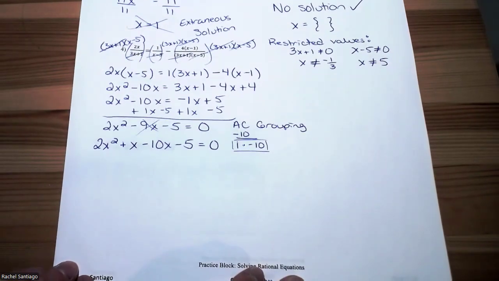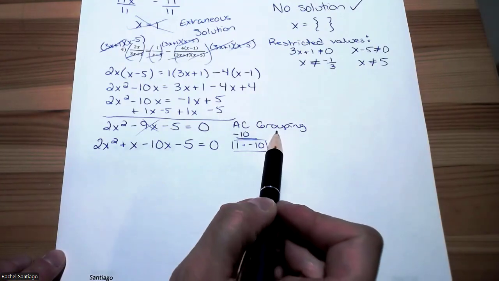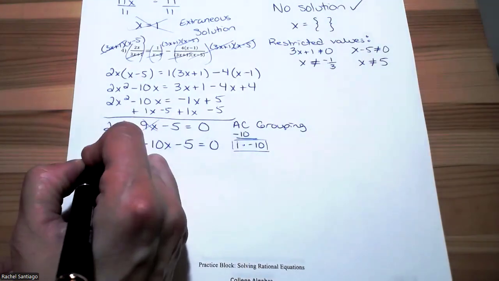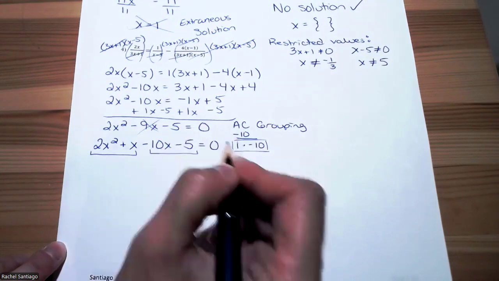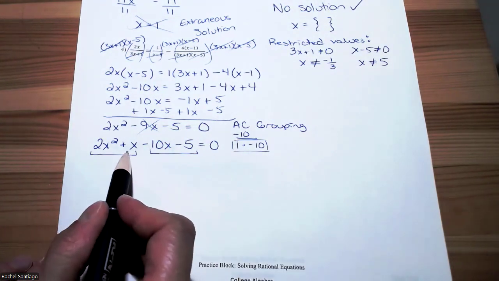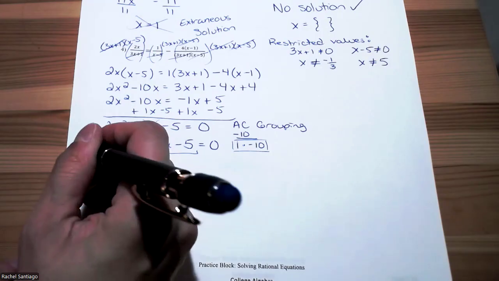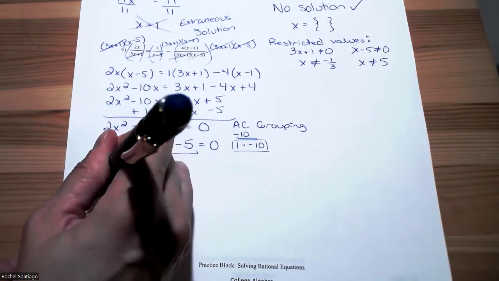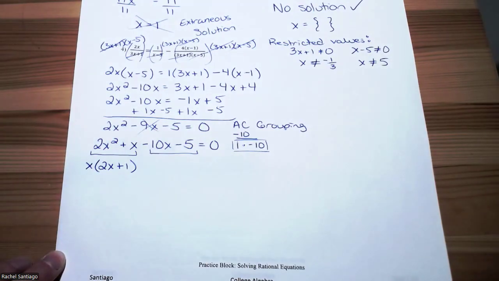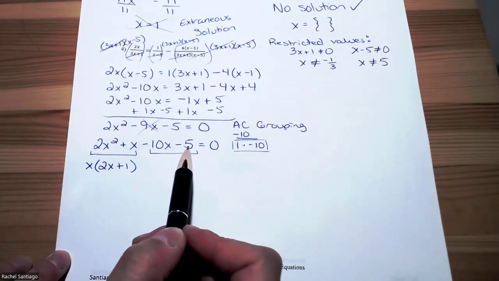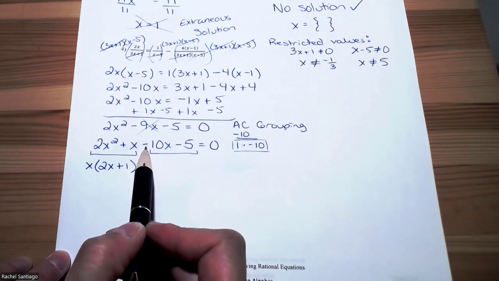Now that I have 4 terms, I can go ahead and group. That's the point. So you want to look at the first 2 terms and the second 2 terms. From my first 2 terms, my greatest common factor is x. That's the only thing I can factor out. That leaves me with 2x plus 1. Out of my second 2 terms, my GCF, notice I have a leading negative here.